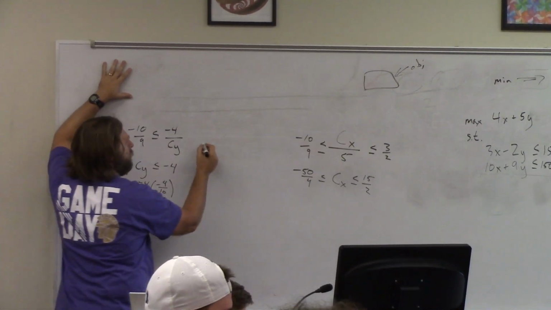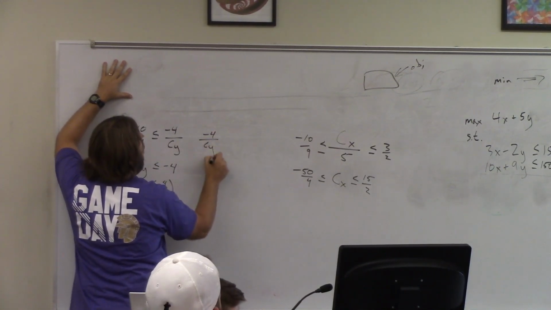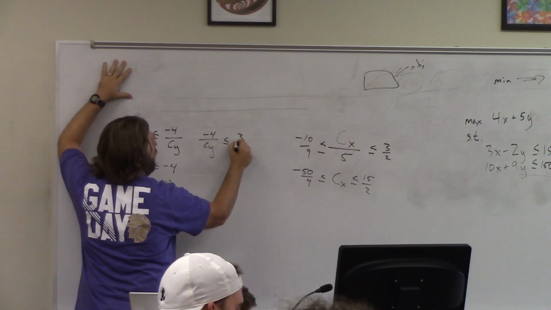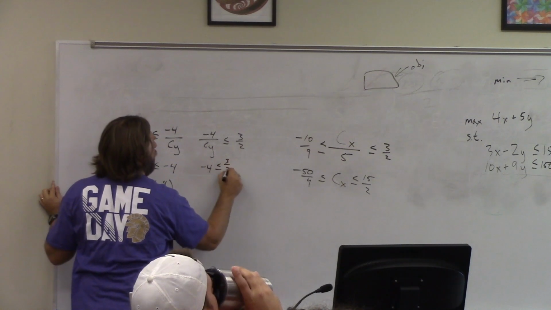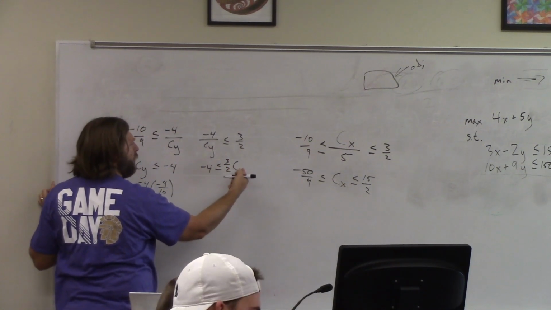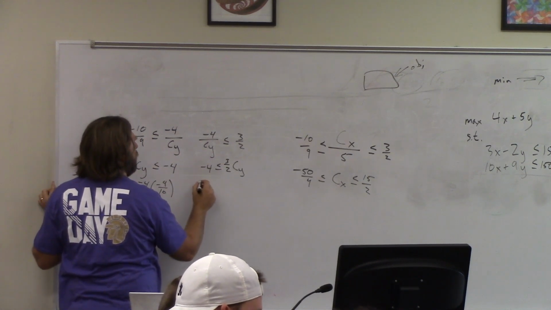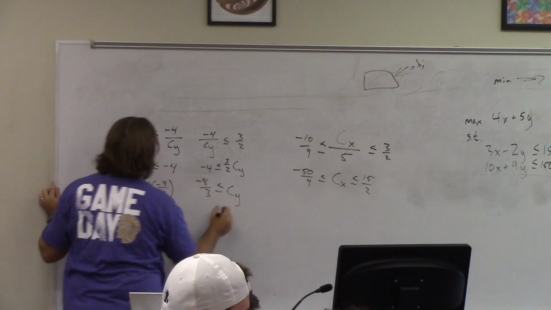And so I had the same negative 4 over cy is less than or equal to 3 halves here. And we get negative 4 is less than or equal to 3 halves times cy. And then we can multiply by 2/3. So negative 8/3 is less than or equal to cy.